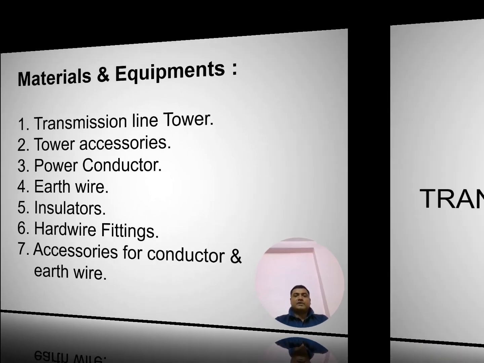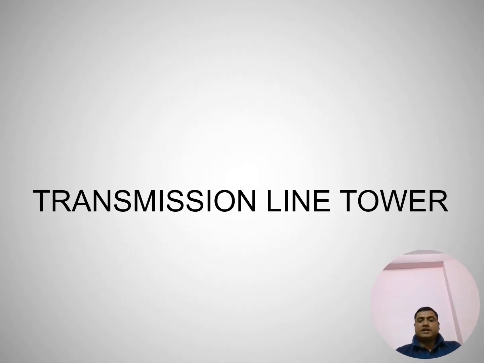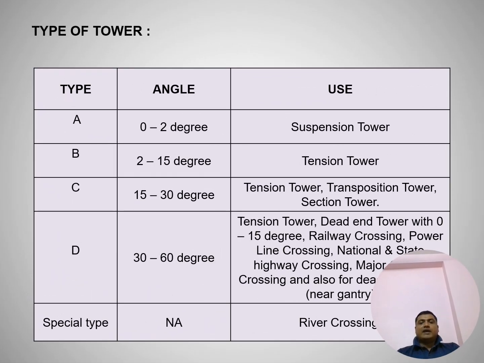Now I'm coming to the transmission line tower. Basically, transmission line towers are of four types: A type, B type, C type, D type. This is divided according to the angle of deviation of the line. If the angle of deviation of the line is 0 to 2 degrees, it is called a suspension tower.